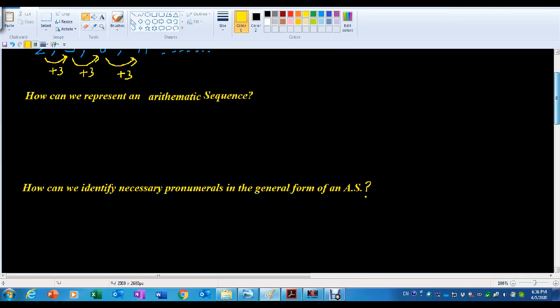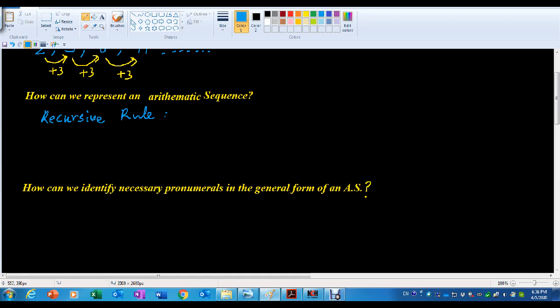And secondly, how can we represent an arithmetic sequence? There are two ways to do so. One is what we call a recursive rule.